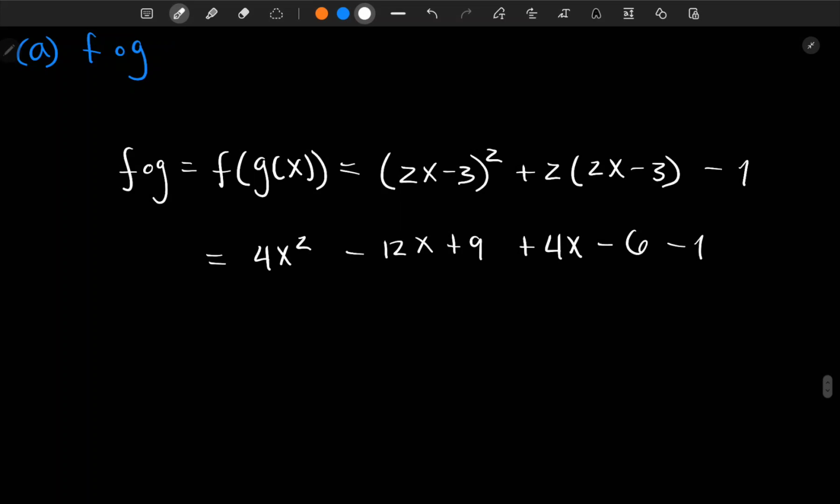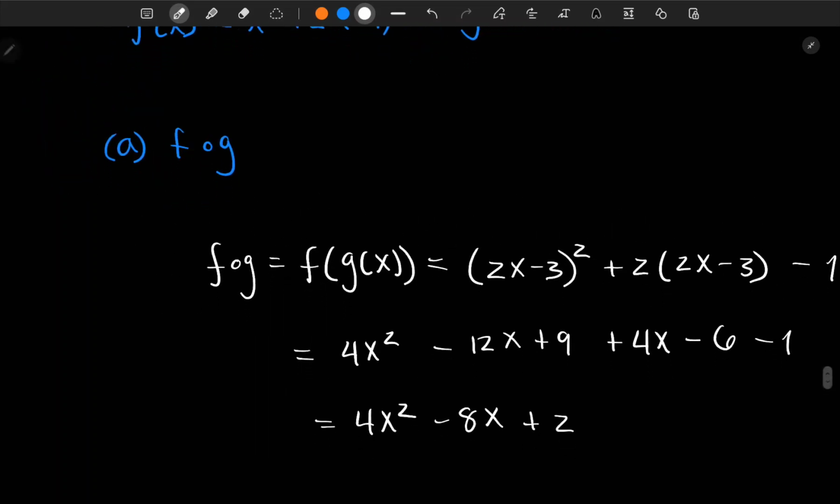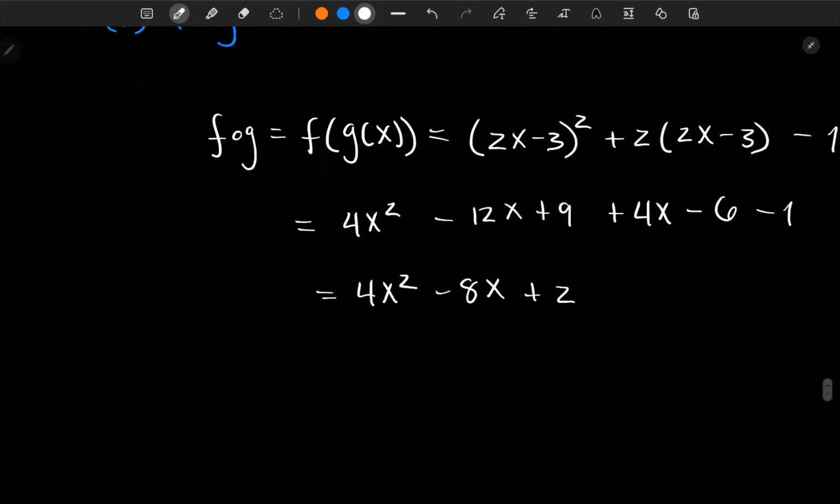Now, simplifying this, we get 4x squared minus 8x plus 2. So that is the composition that is f composed with g.